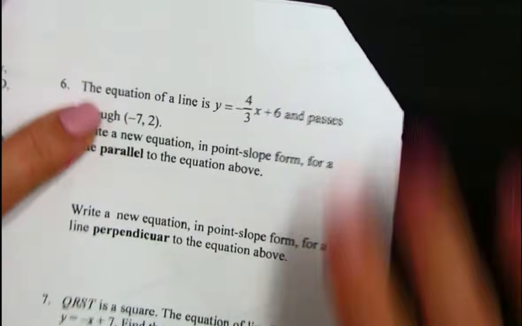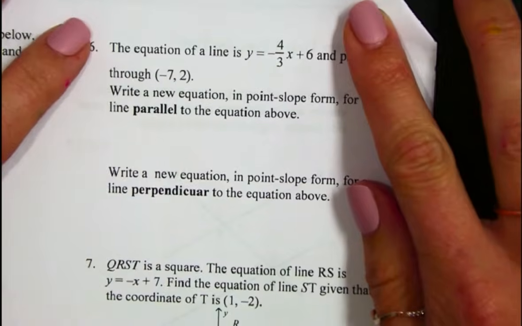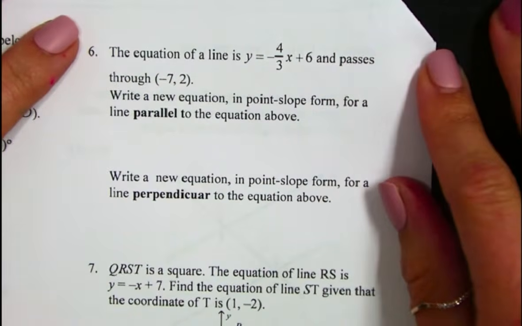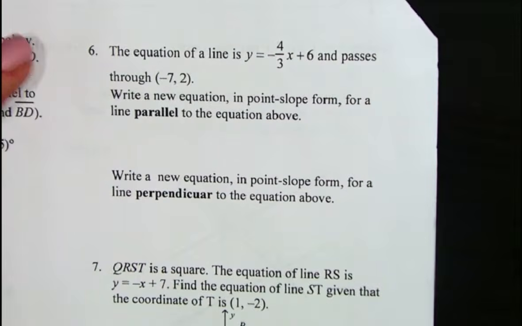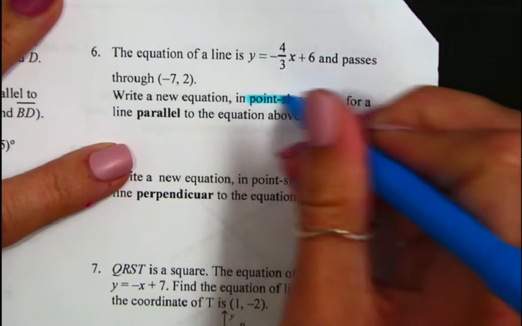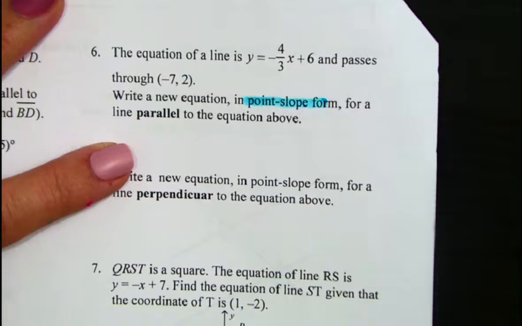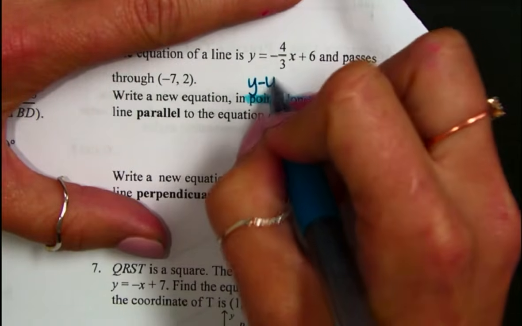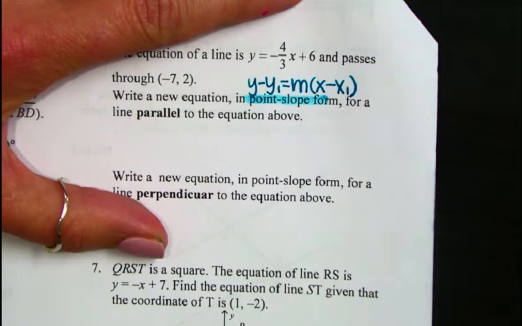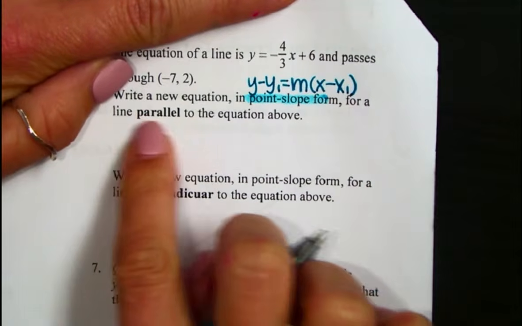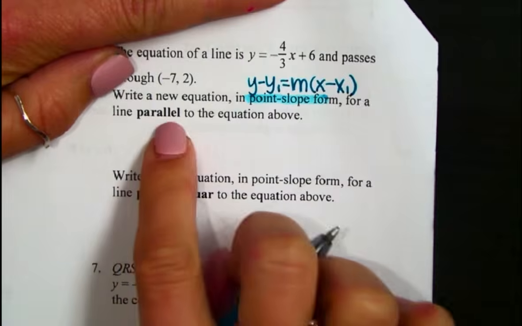Number 6, the equation of the line y equals negative 4/3 x plus 6 passes through this point. We're going to write a new equation in point slope form. So remember that point slope form is our equation. And we're first going to write the equation for the line that's parallel.